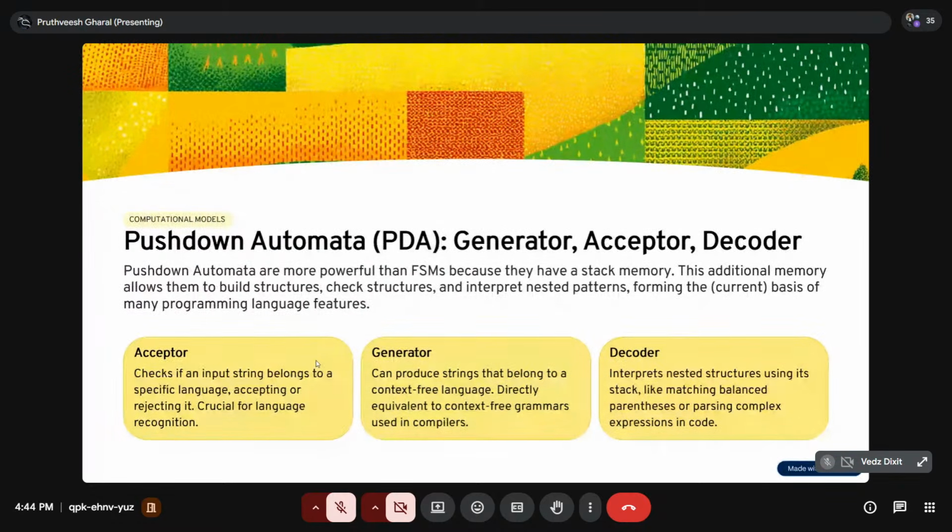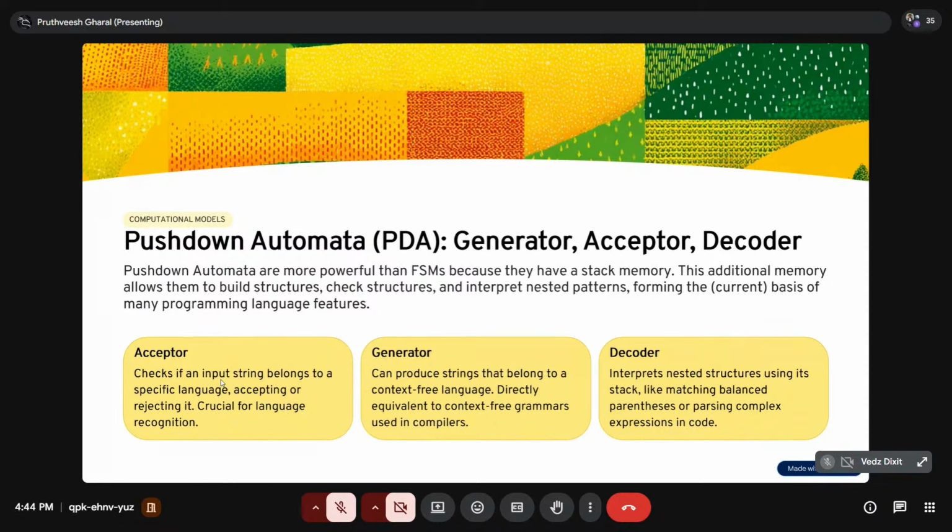So the finite automaton is an acceptor, and a pushdown automaton is also an acceptor. For any input string, it tells if it belongs to a specific language or not. A pushdown automaton already does that for context-free languages, so we have no problem in that.